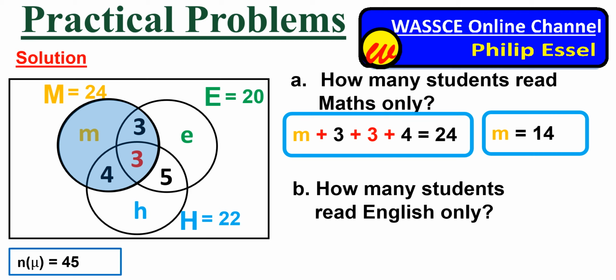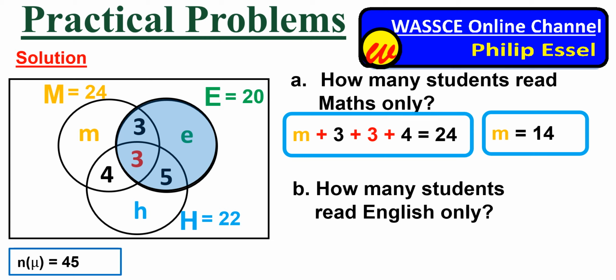You would also realize here that the variable small e has a mathematical relationship with the set E, that's the big E. This is our set E. So now the relationship between the small e and the big E is very clear. We have 3 plus 3 plus 5 plus e equals the big E, which is also equal to 20.